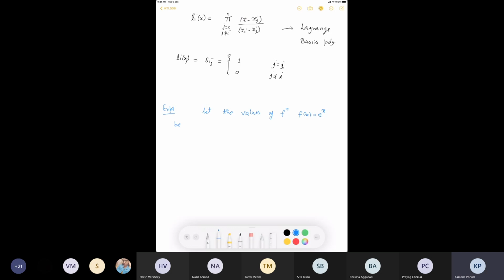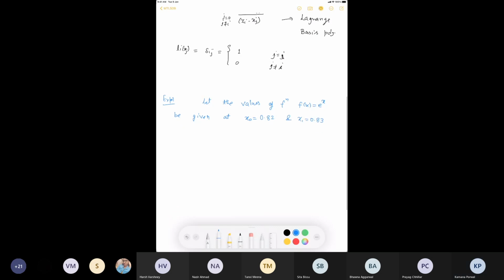Suppose we are given the values at 2 points. Say x0 is equal to 0.82 and x1 is equal to 0.83, and the corresponding values are y0 is equal to 2.2705 and y1 is equal to 2.293319.